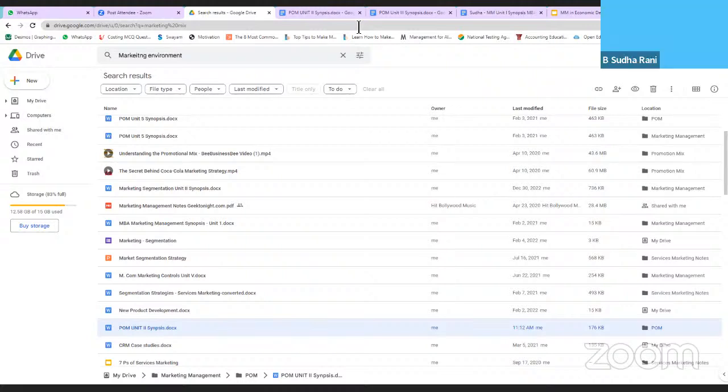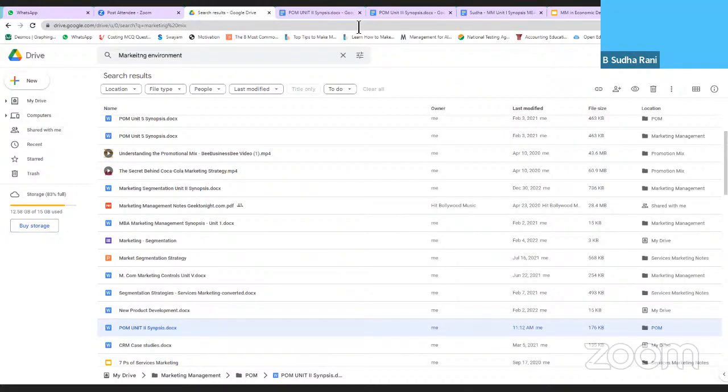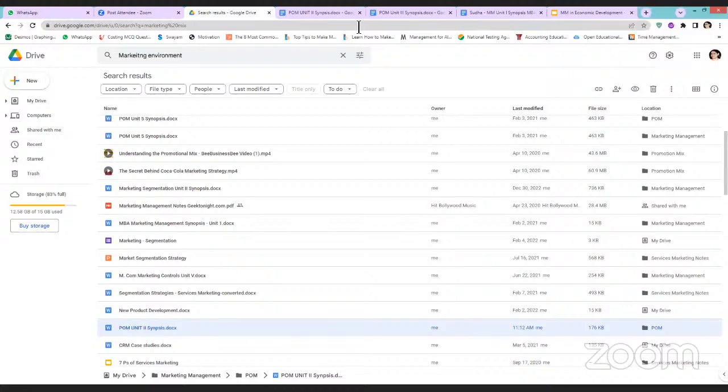Then came into existence the four P's, the marketing mix, giving priority to the marketing mix. So in the selling concept, marketers used various promotional tools to attract the consumer and make sure of more sales. That is the belief.